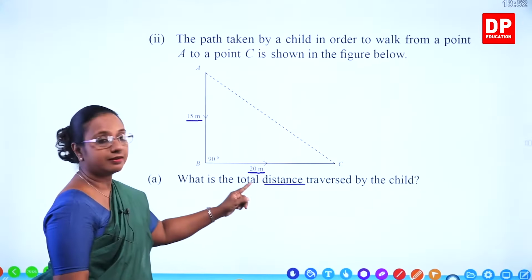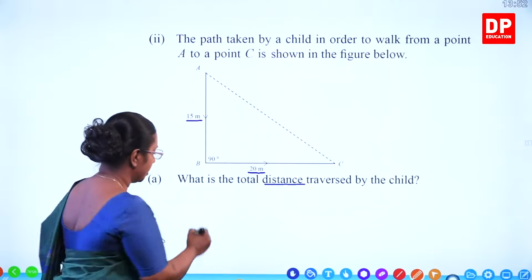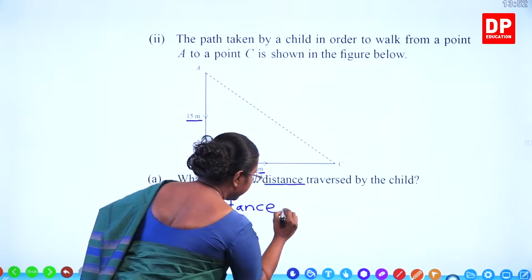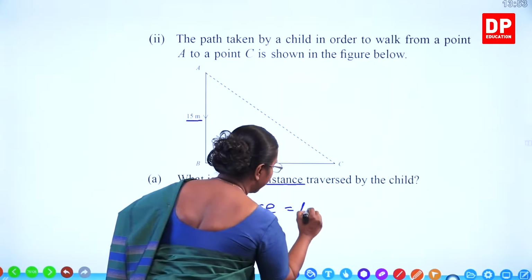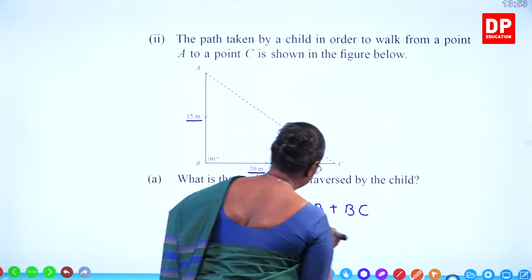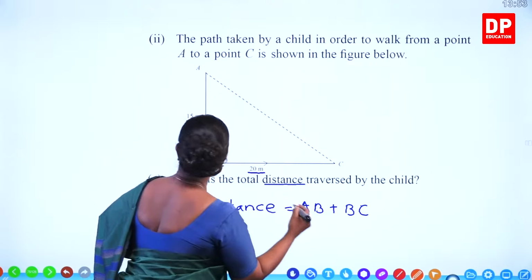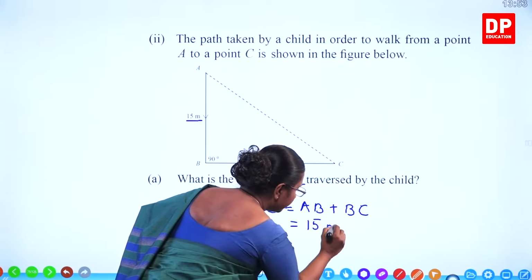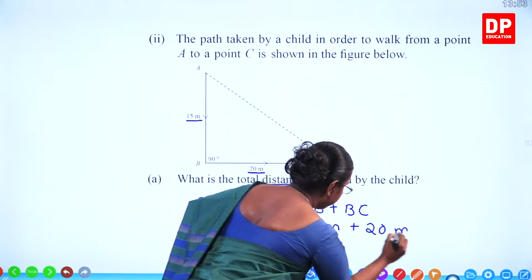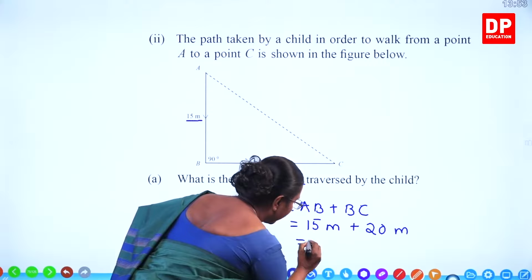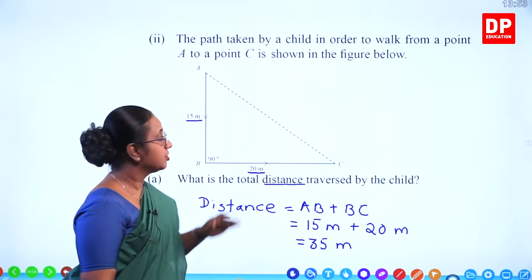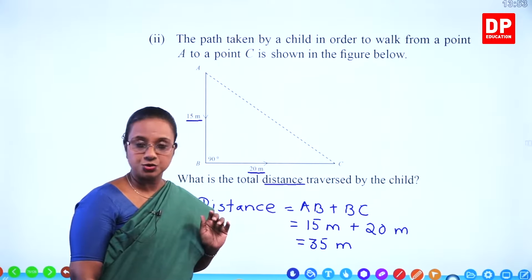Therefore, we can directly add up the two values. So, distance is equal to the length of path AB plus the length of path BC. So, the length AB is 15 meters and the length BC is 20 meters. When you add them together, the total distance will be 35 meters. So directly we need to add the two values.